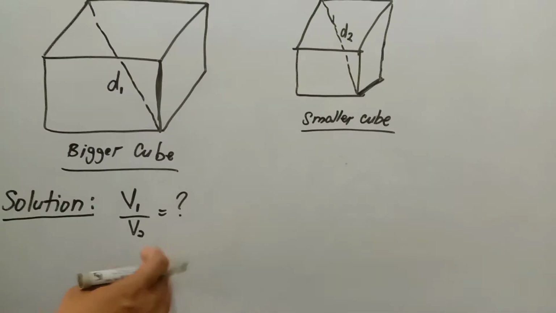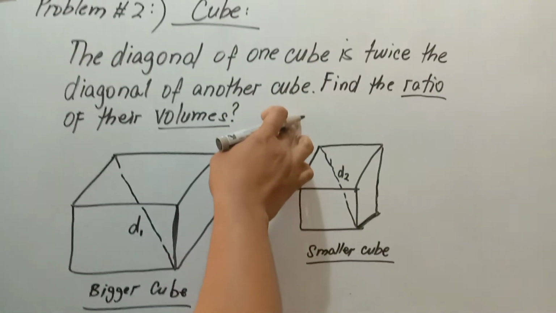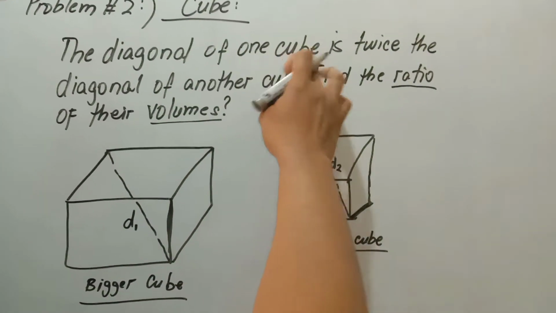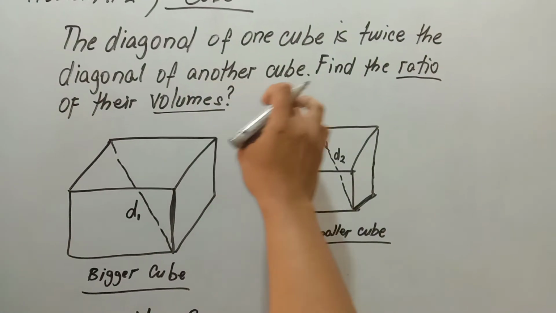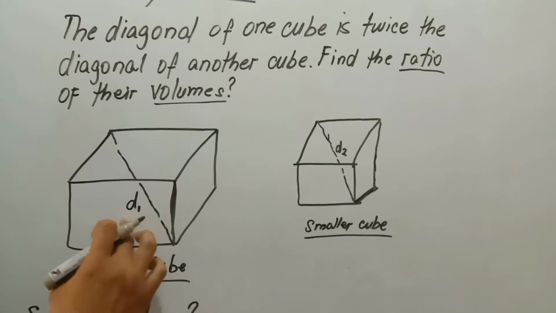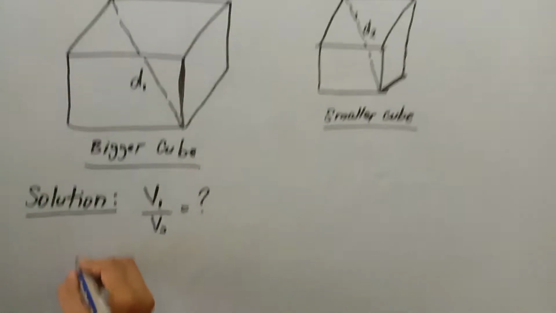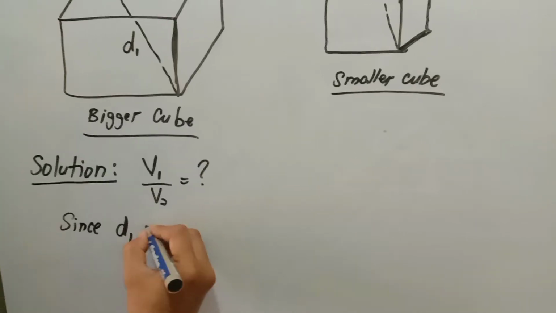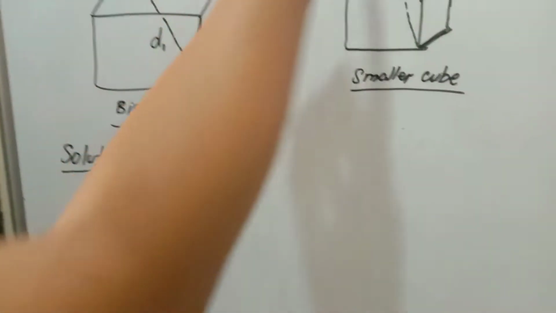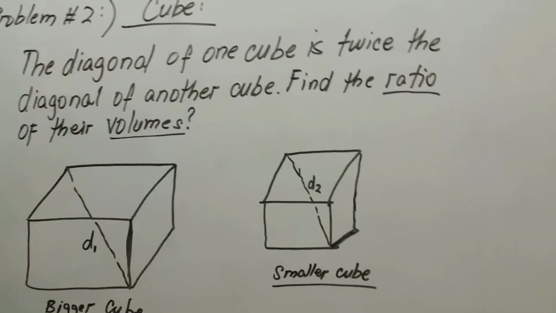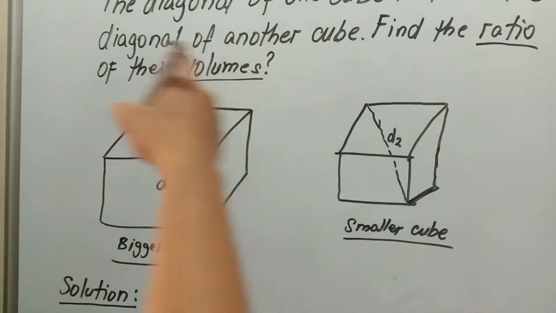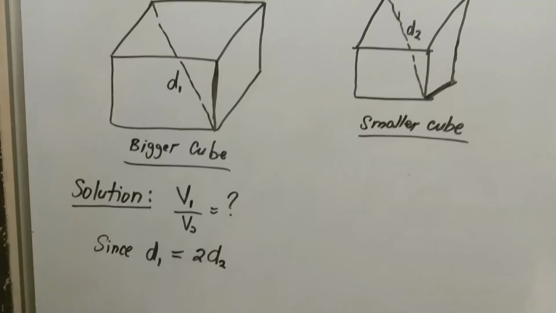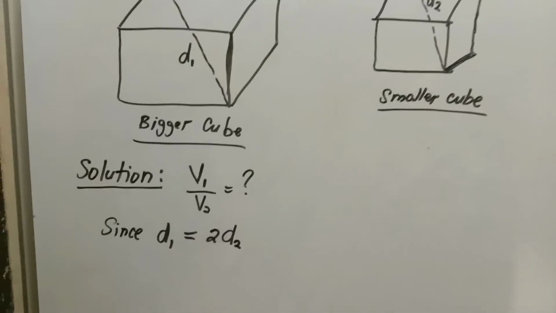Since the condition for this particular problem is the diagonal of one cube is twice the diagonal of another cube, D1, the diagonal of this cube, is equal to twice the diagonal of another cube, which is D2. Okay. So this is the condition, guys.